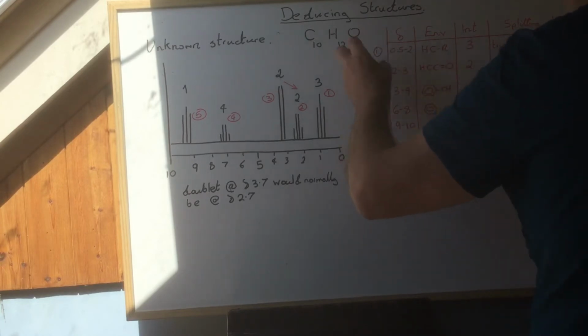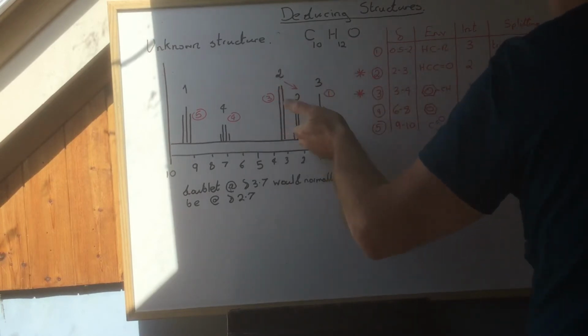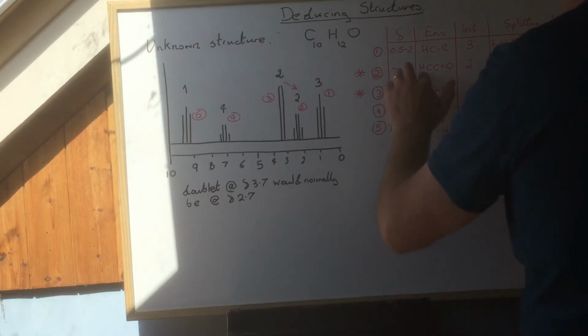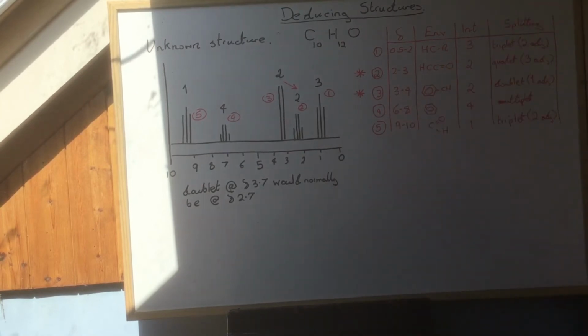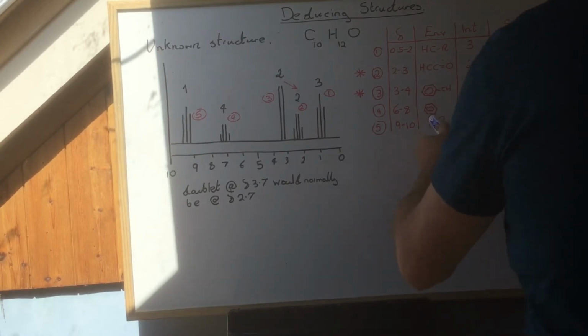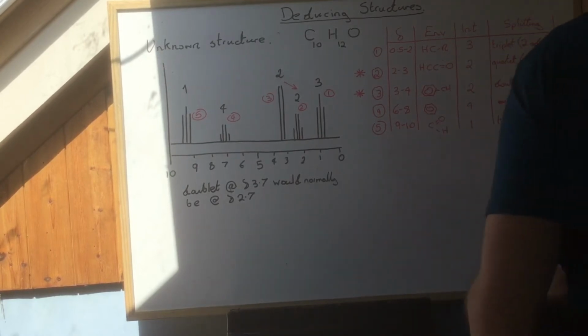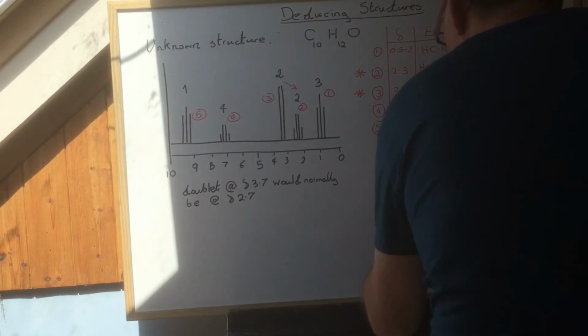Both of them can overlap, both of them interfere a little bit with each other. So let's stick to the facts before we try and unravel that, because the splitting will help us. If you're asking me where to start, I think you should start here. Benzene ring, definitely there's a benzene ring in it.